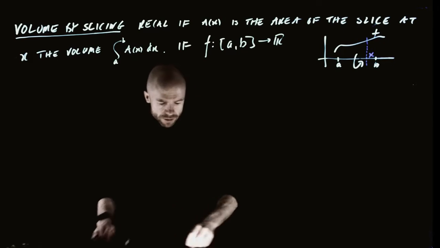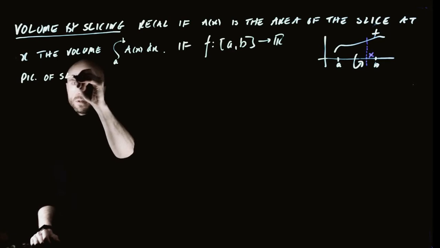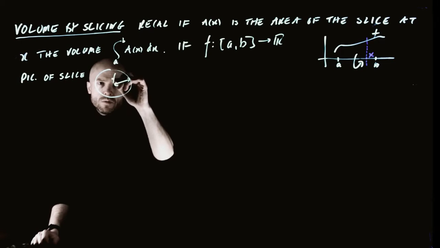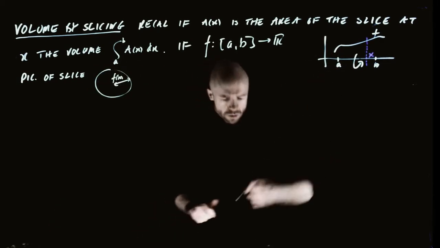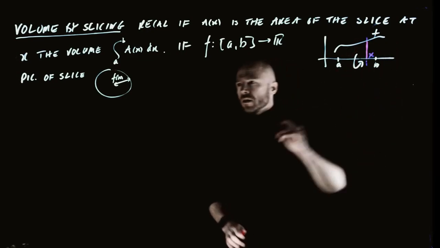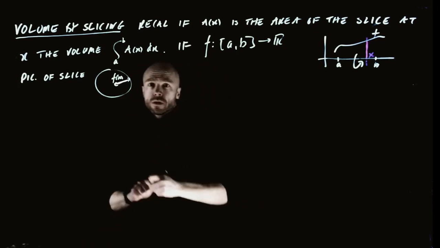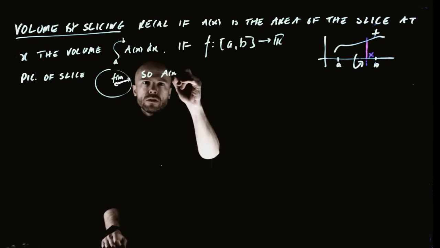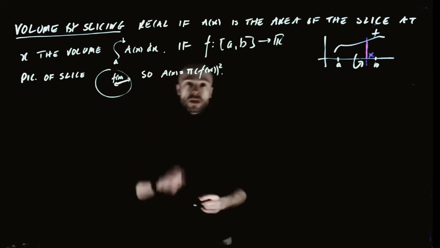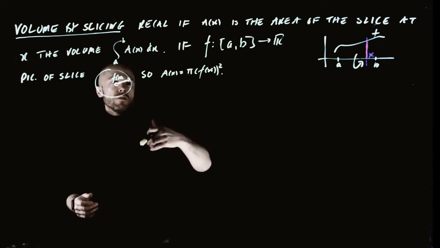And then the slice is a disk, where f of x is this quantity which forms the radius. So this red line corresponds to this radius, and therefore A of x is equal to pi f of x squared. Okay, so that is the simplest case of a volume of revolution.